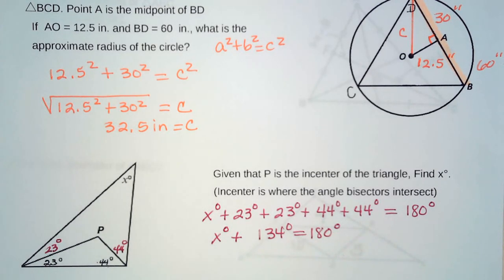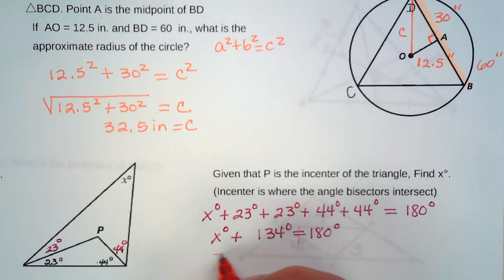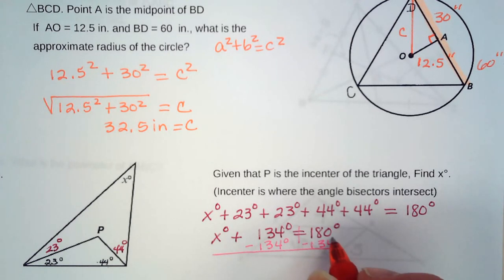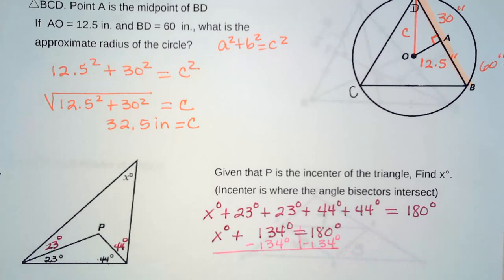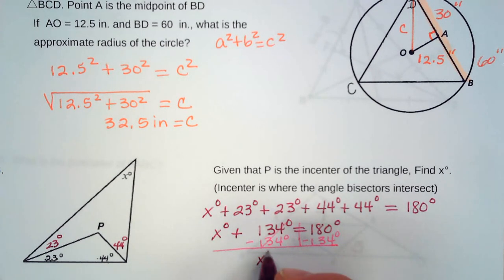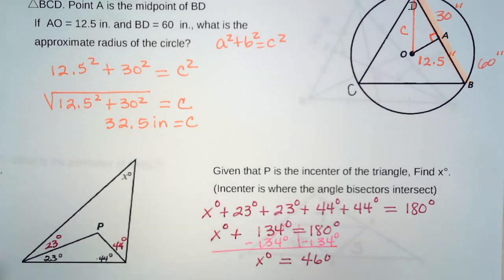Your last step is to subtract 134 from both sides. So X degrees is equal to 46 degrees, and we're done.